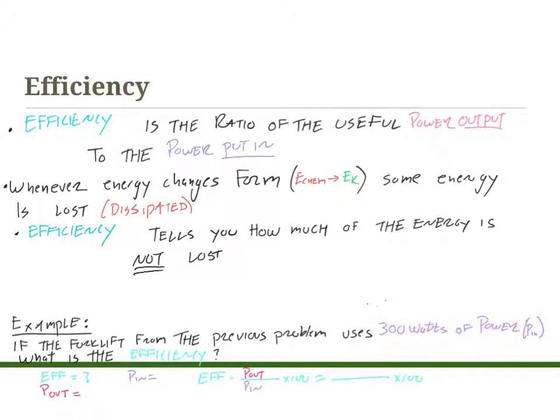So there is a formula associated with that, and the formula associated with efficiency is EFF is equal to power out divided by power in. And I usually say it's times 100, and I'll explain why in a minute.